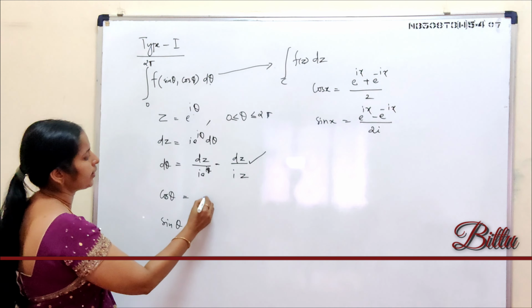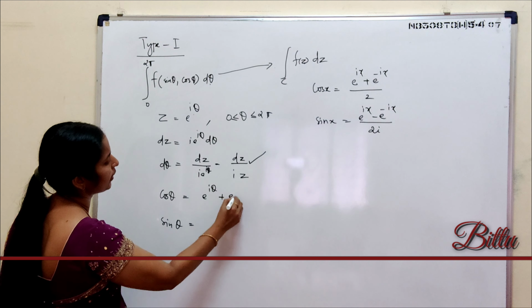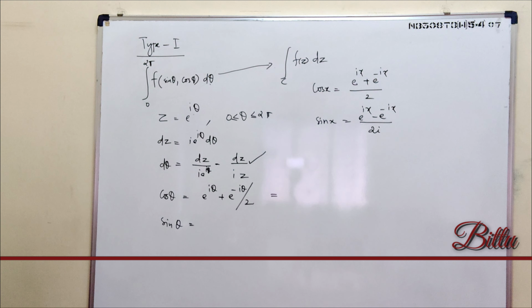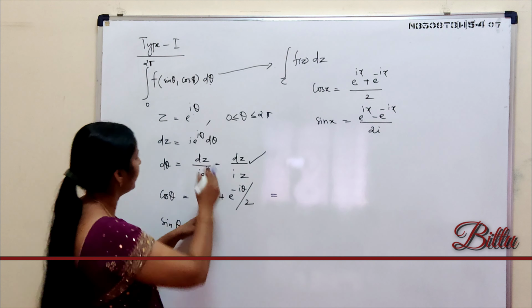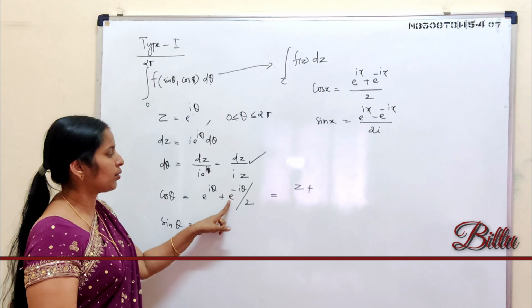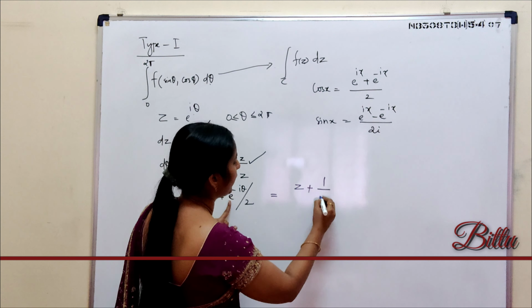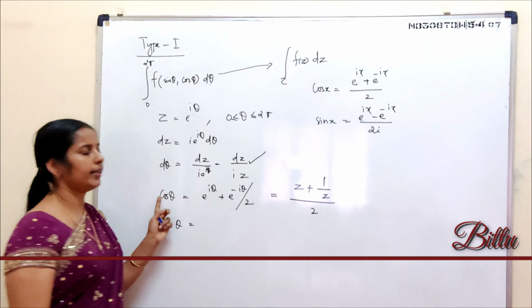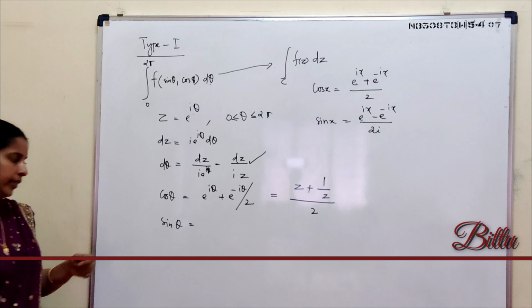Here cos theta is e raised to i theta plus e raised to minus i theta by 2. We have to express completely in terms of z. E raised to i theta is z, plus 1 by e raised to i theta is 1 by z, all by 2. Now cos theta is completely changed in terms of z.